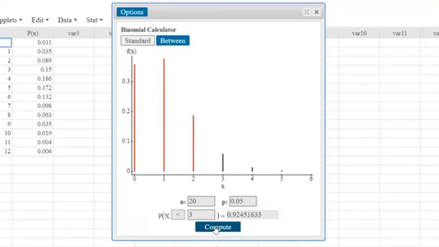So fewer than 3 and 3 or fewer aren't the same question. Fewer than 3 really means 2, 1, or 0. And notice what's shaded in red. Fewer than 3 is 2, 1, or 0, which incidentally would be the same as less than or equal to 2. I get the same answer there. Less than or equal to 2, less than 3, the same result.